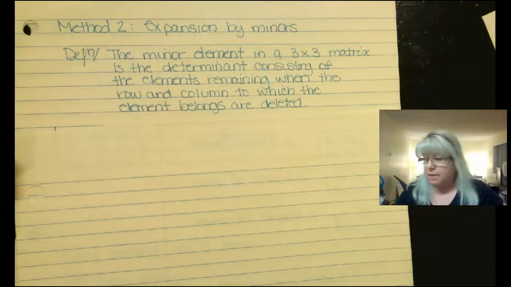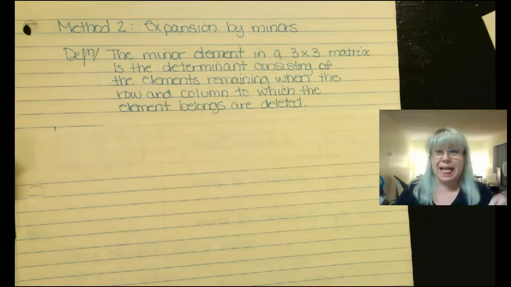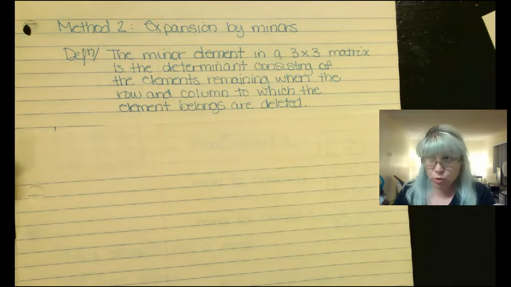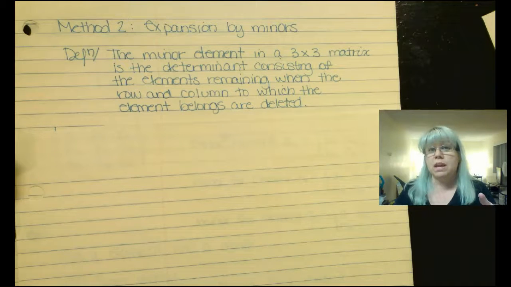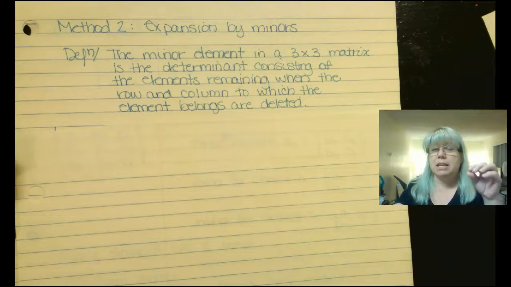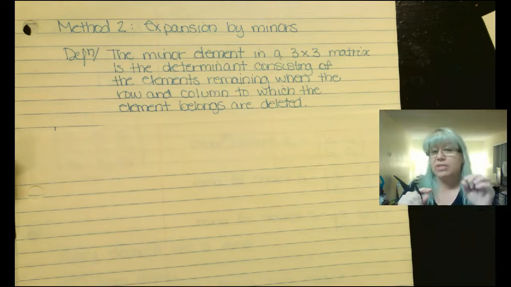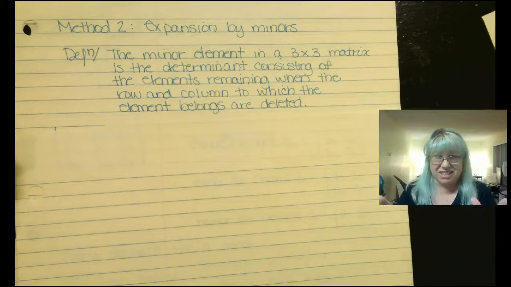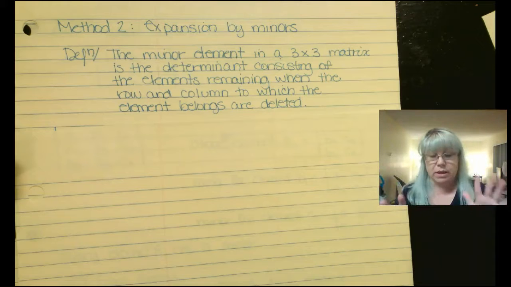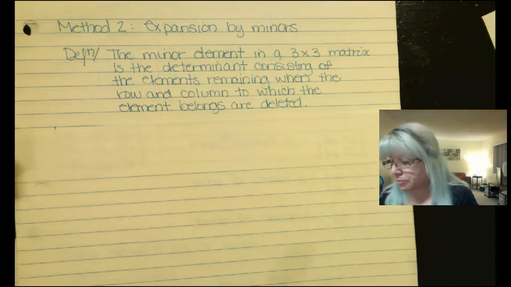The minor of an element in a 3 by 3 matrix is the determinant of the remaining values when you eliminate the column and row that element sits in. That sounds very confusing, but let me show you. I think it will make sense after I show you.